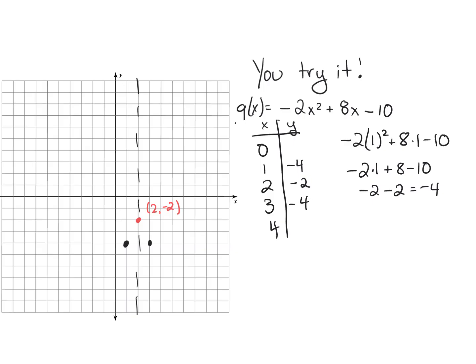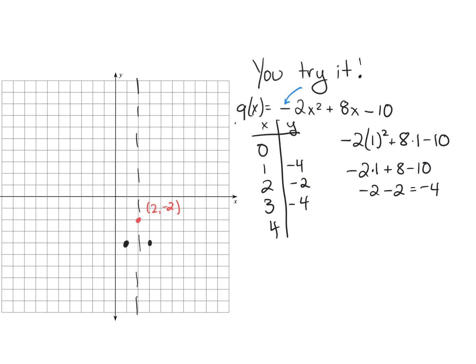And the first thing I'm actually noticing with this is my parabola is facing down. It is going away from the x-axis, which makes a lot of sense, right? We have that negative in front, and we know that if we have a negative a value, that is reflecting us across the x-axis, so our entire function is going to be facing in the opposite direction. So that checks out.